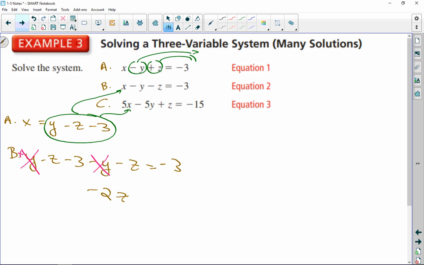Negative 2Z. Is my math right? Okay, so I need to take this, move it over there, which changes it to a positive 3, and that ends up giving me what? 0 equals 0.